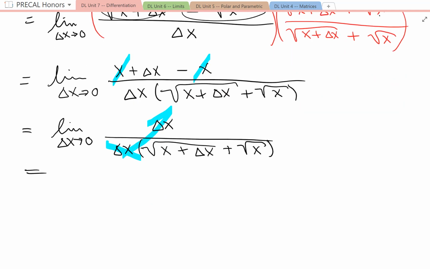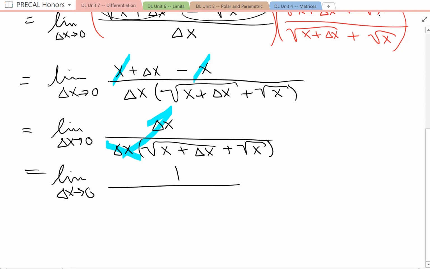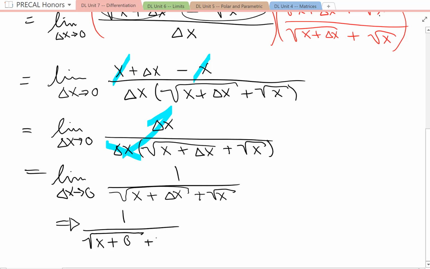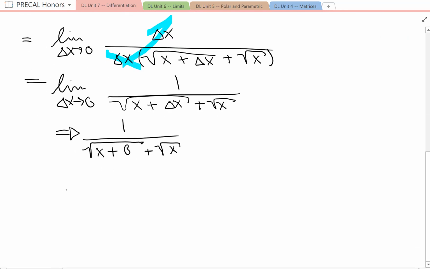And at this point, I believe we can use direct substitution without getting an undefined expression. 1 over square root x plus 0 plus square root x. This is 1 over square root x plus square root x.